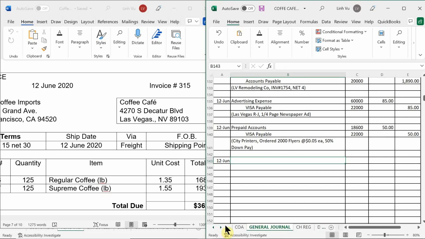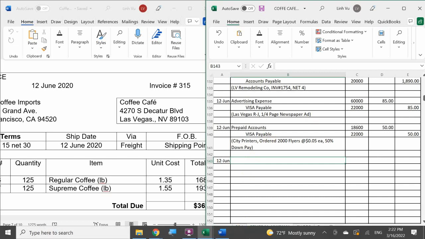How do I record perpetual inventory? The name of the actual item, so regular coffee and Supreme coffee. Excellent, right? Because when we learned in chapter 7, we don't refer to them as expenses, we refer to them as inventory.